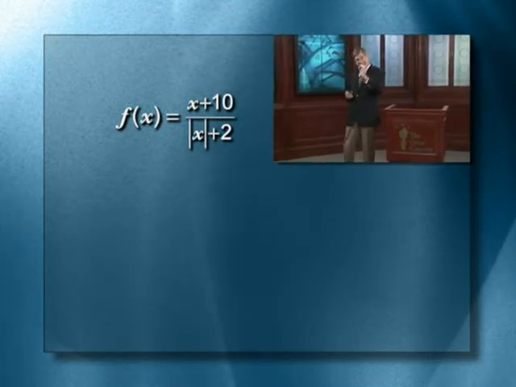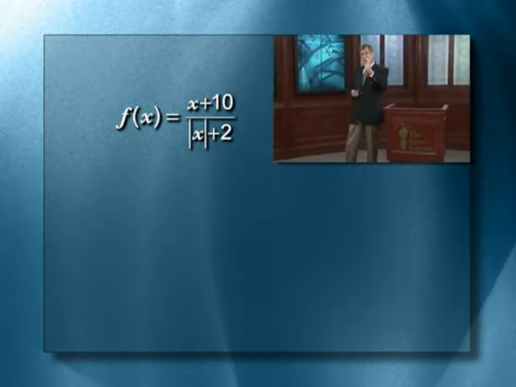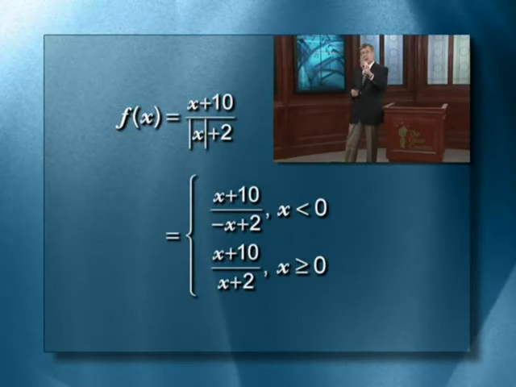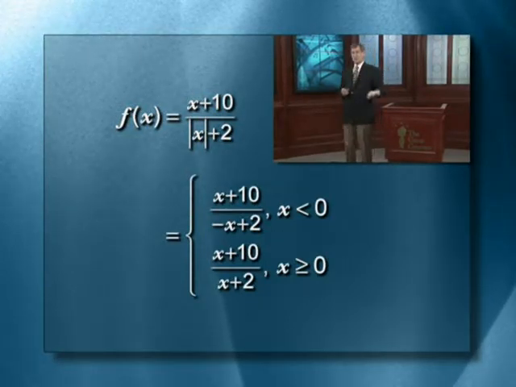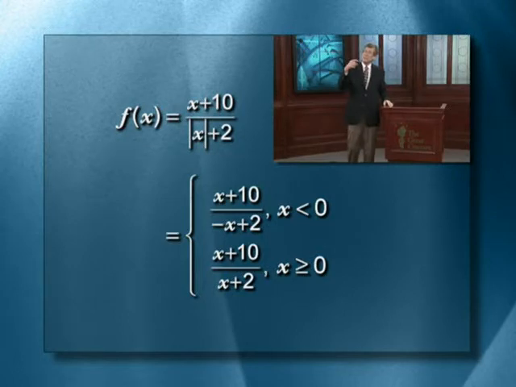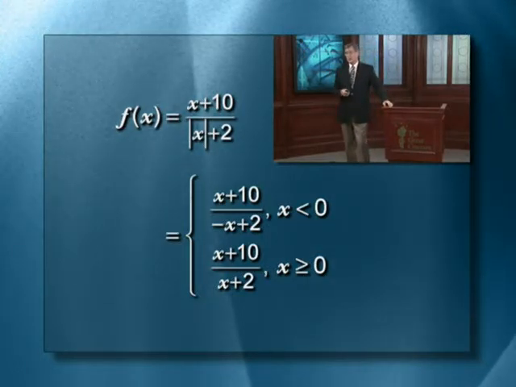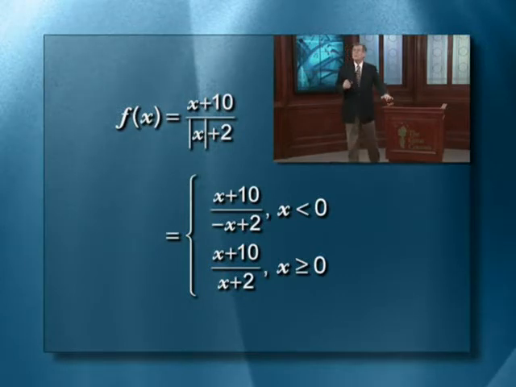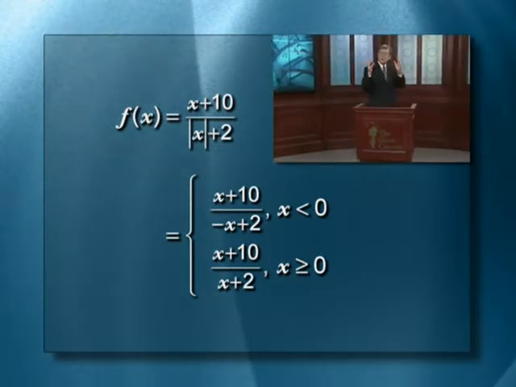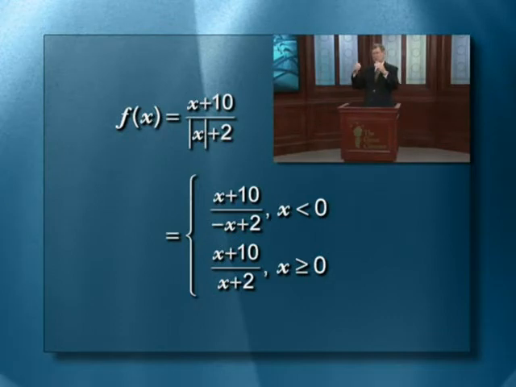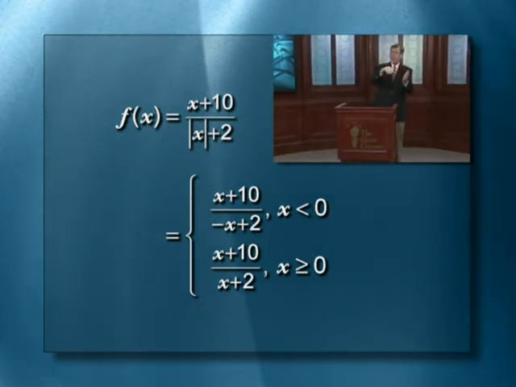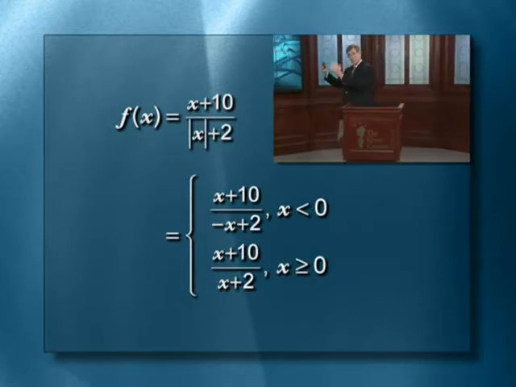So for negative x, the function equals x plus 10 over minus x plus 2. Whereas if x is positive or is equal to 0, then the denominator is just x plus 2. So we've expressed this unusual function, this non-rational function, in terms of two rules. When x is less than 0, do this rule, and when x is greater than 0, do the other rule.